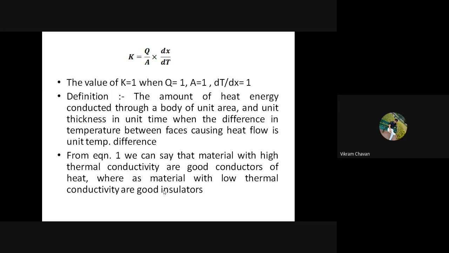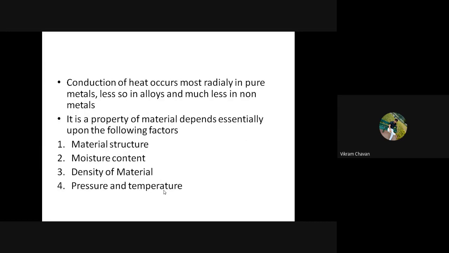The rate of heat transfer in metals is very high, and the thermal conductivity of the metal is also high. Getting everyone? Now here we can conclude that conduction of heat occurs most readily in pure metals.